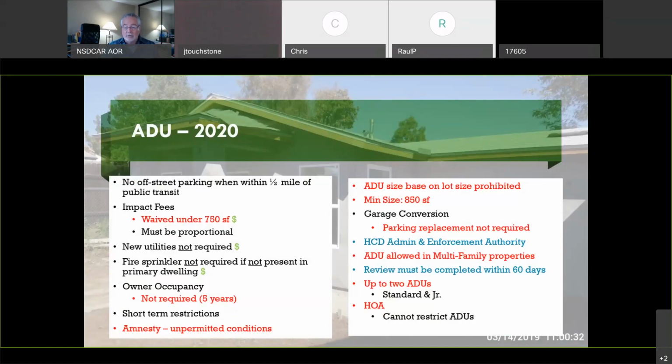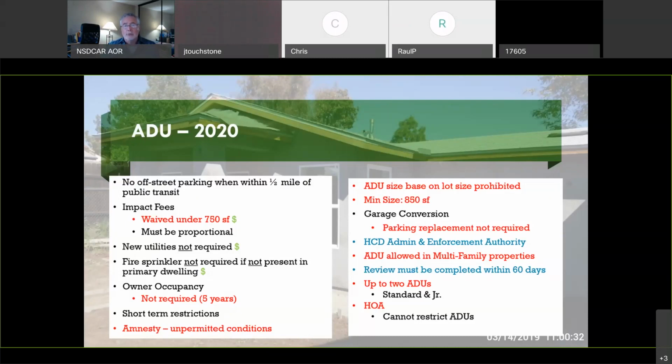So that's another opportunity. They also changed the review process, if you remember, from 120 days to now 60 days. That's going to put a lot of pressure on a lot of these local building departments to find ways of streamlining the process to get these ADUs approved.